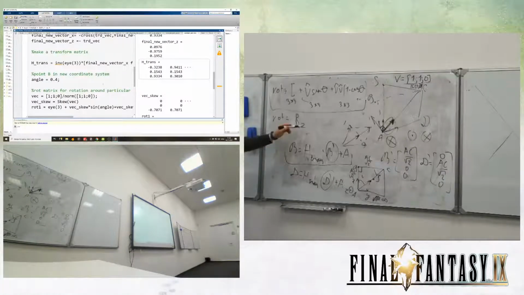You want to rotate around the axis about what angle? Sorry, what is I matrix? Identity. Ah, in Russian notation, it's also not only y, but yeah.